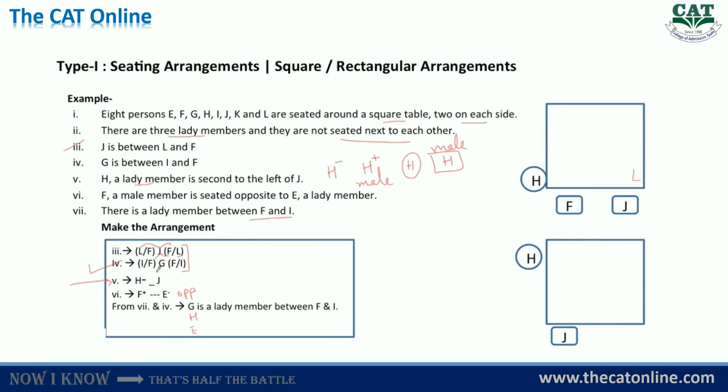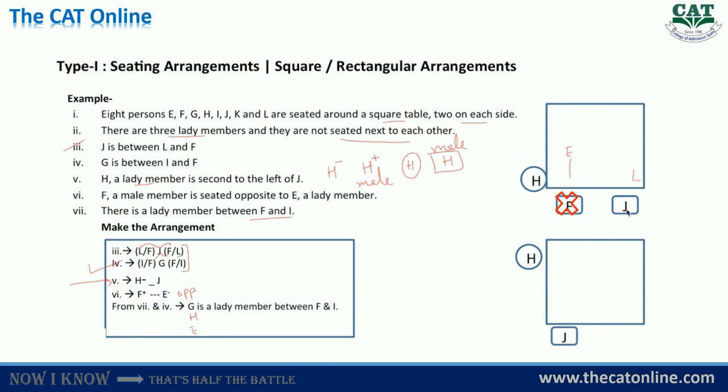But it is also given that E is sitting opposite to F, so over here somewhere could be E. And again using the statement F, G, I, G has neighbors F and I. But here I cannot have this condition. My condition 4 would be violated, that F has to have G as a neighbor, but here that place is not there. So this is an incorrect option. I cannot place F over here; though it was satisfying two conditions, it violated a third condition that was given in statement number 4.